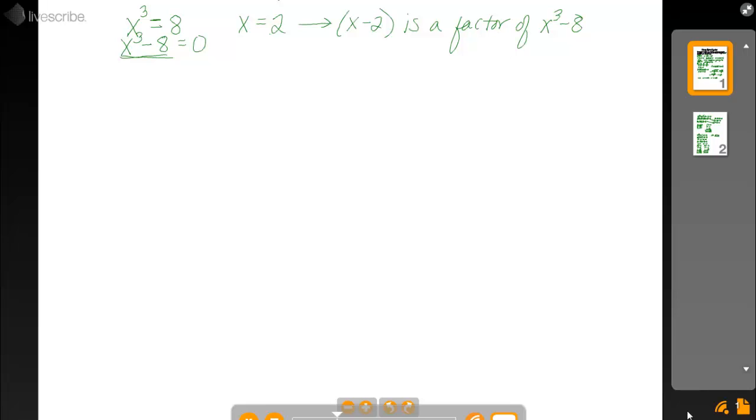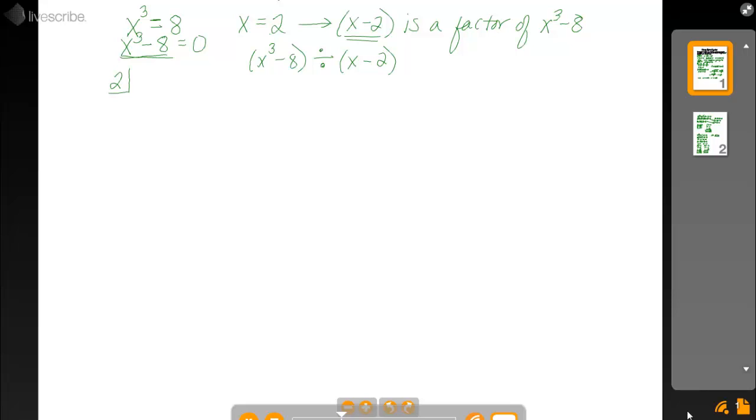We can use division. And I'm going to use synthetic division because we can here. x minus 2 is a monic linear expression. So I can put the 2 up in the corner. Let me write out what we're doing: x cubed minus 8 divided by the quantity x minus 2. That's what we're going to figure out now.